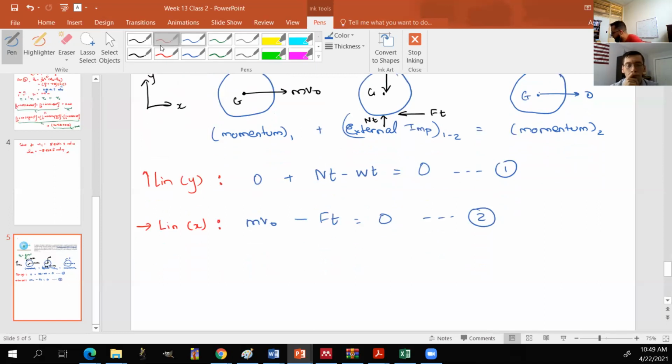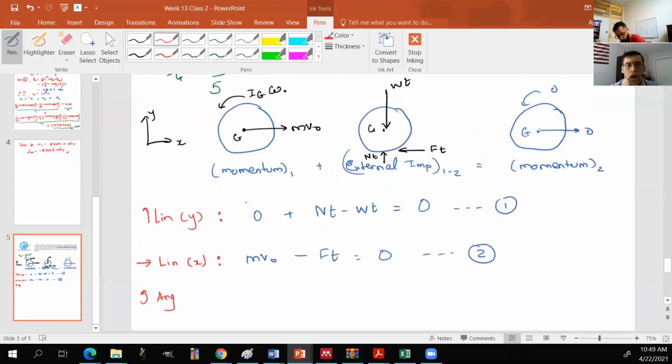Then finally, you'll get one more expression for your angular momentum. Let's treat counterclockwise as positive, and we'll do it about G. What is your initial angular momentum? I_G omega naught. What is your angular impulse about the point G?